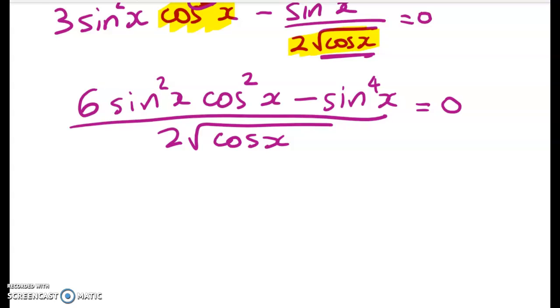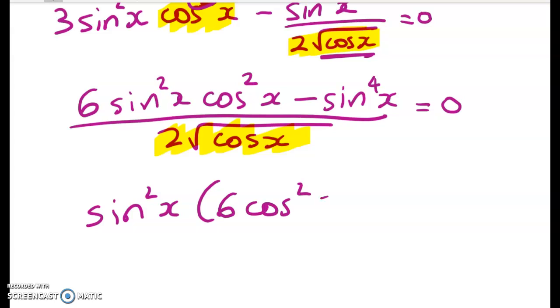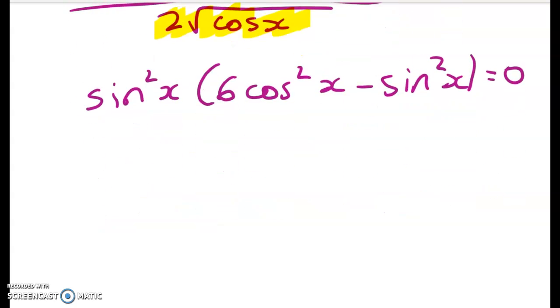So we can forget about this bit here. Don't worry about that. We're solving sine squared x into 6 cos squared x minus sine squared x equals 0. And you can see it's starting to look like the first version that I did of this.